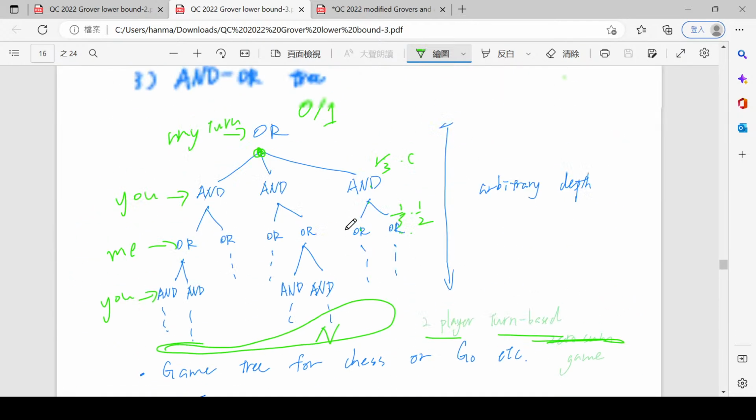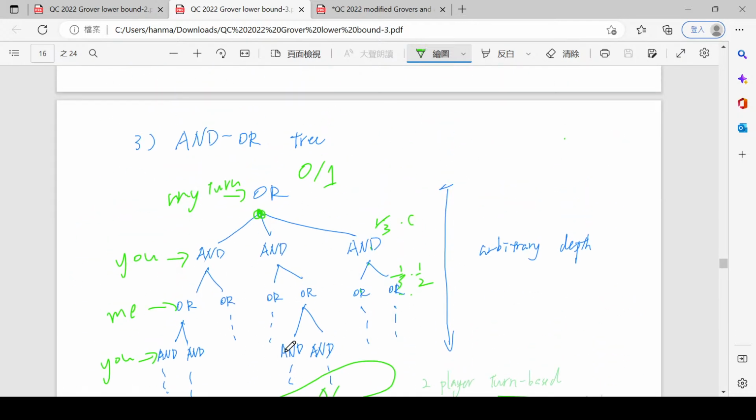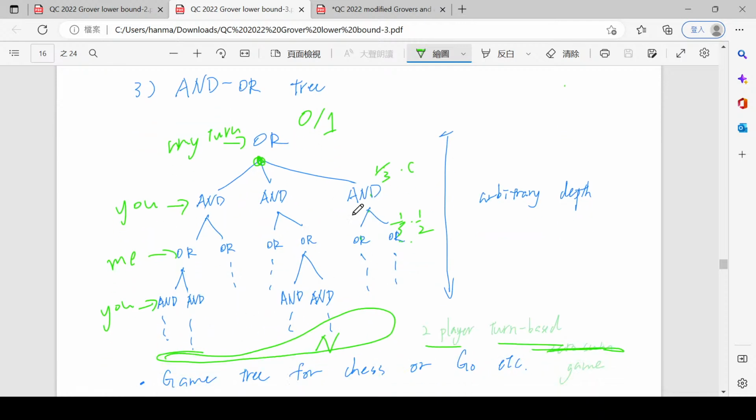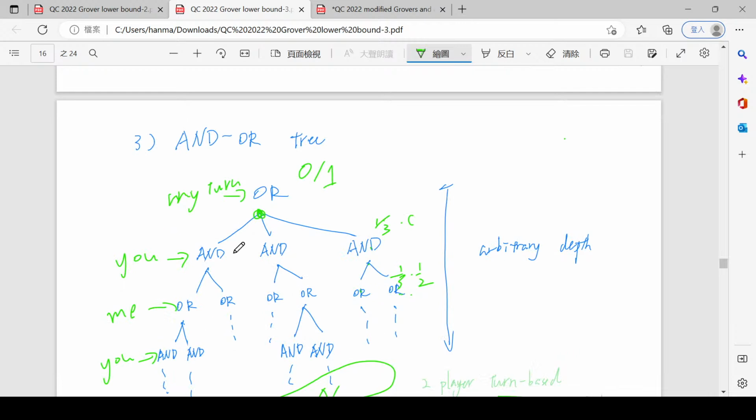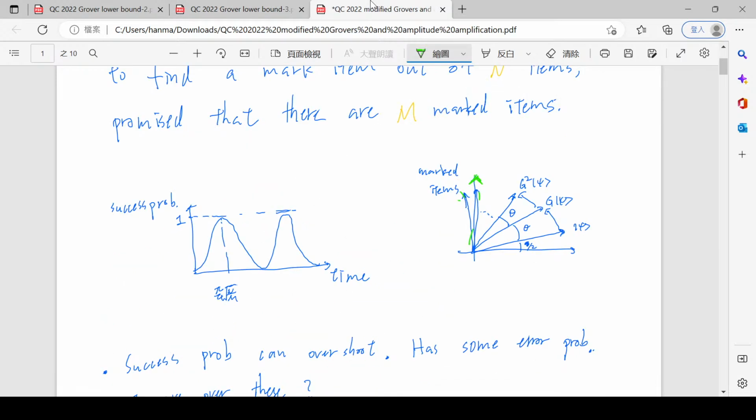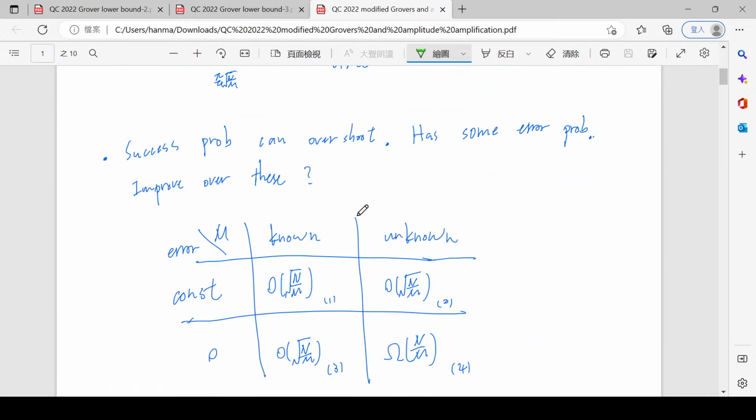When you run this AND/OR tree, you find out that you really want no error. If there is no error, then things become much easier. Then you don't get this weird log n factor or the precision problem. So sometimes you want a zero error algorithm, which would be much more useful.